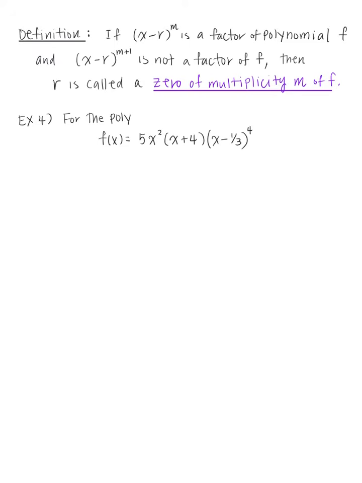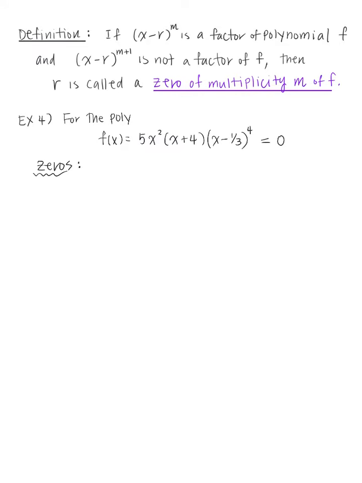So for the polynomial f of x equals 5x squared times x plus 4 times x minus 1/3 to the 4th power, let's find, first of all, the zeros, and then let's count the multiplicity. So the zeros are, can you tell me what the zeros are? Basically, you're going to have to set this whole thing equal to 0 and then solve for x.